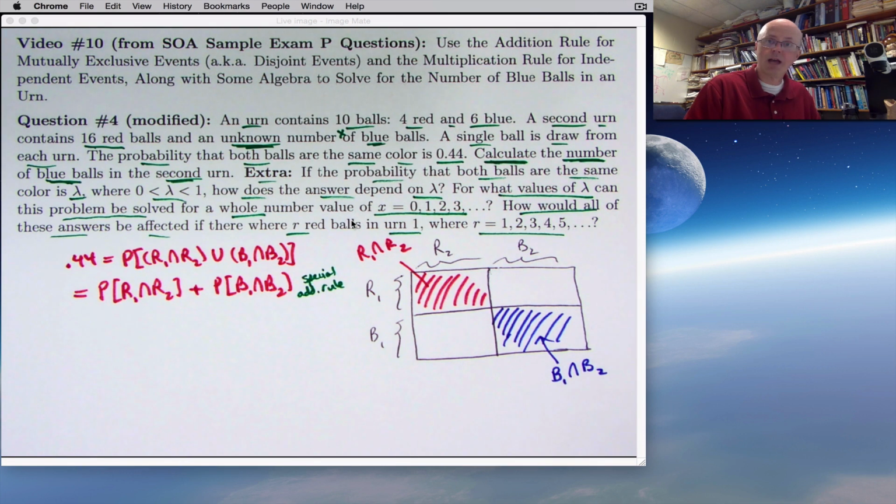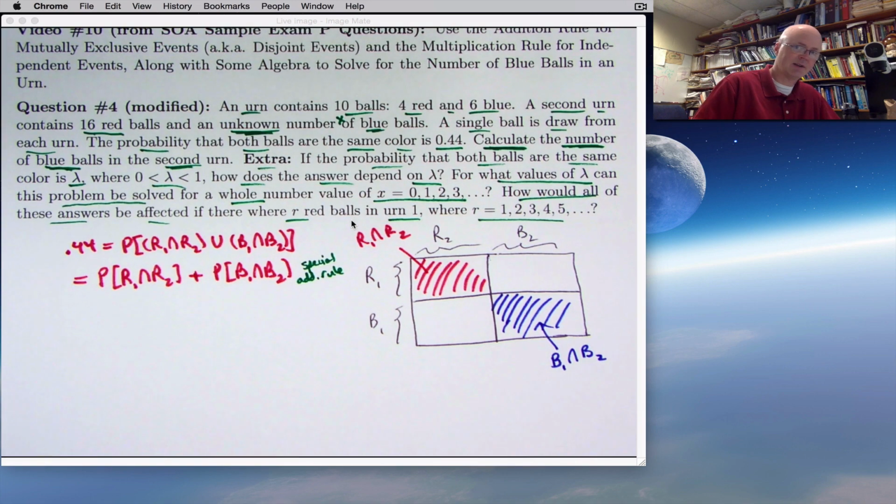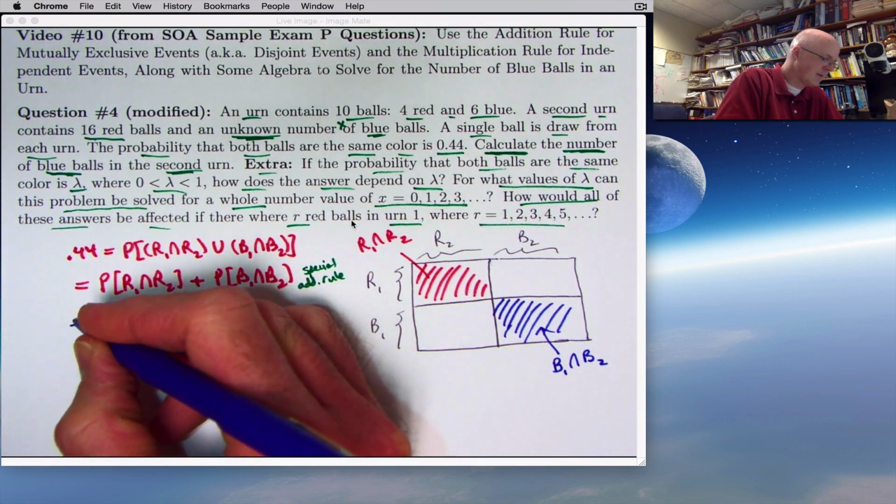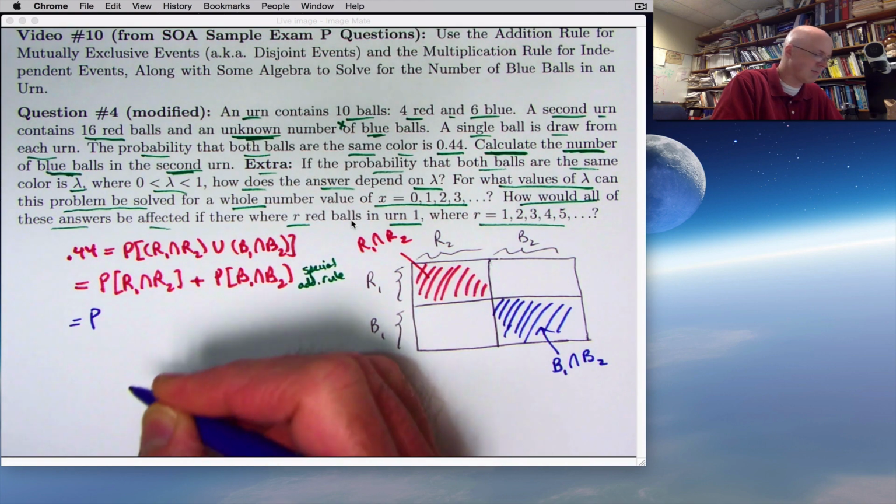And as I mentioned in the last video, video number 9, that's something people do all the time when they apply probability in the multiplication rule. If it seems reasonable that two events are independent, they go ahead and assume it. Now, that assumption may or may not be accurate, and that's something to be wary of, but in this case, it definitely seems reasonable. So I don't have to think about conditional probability.